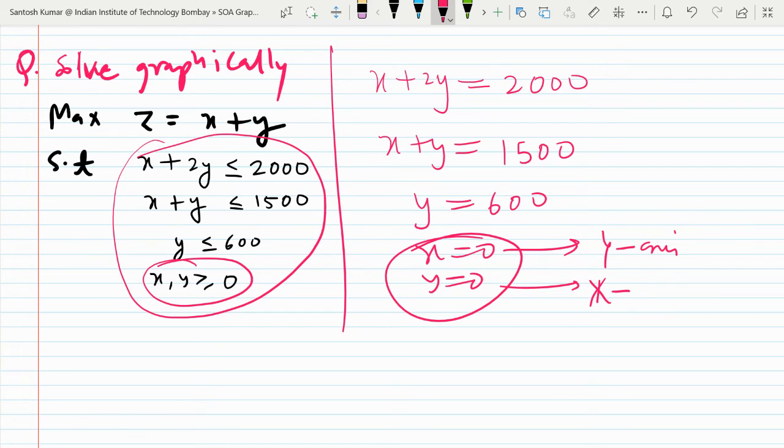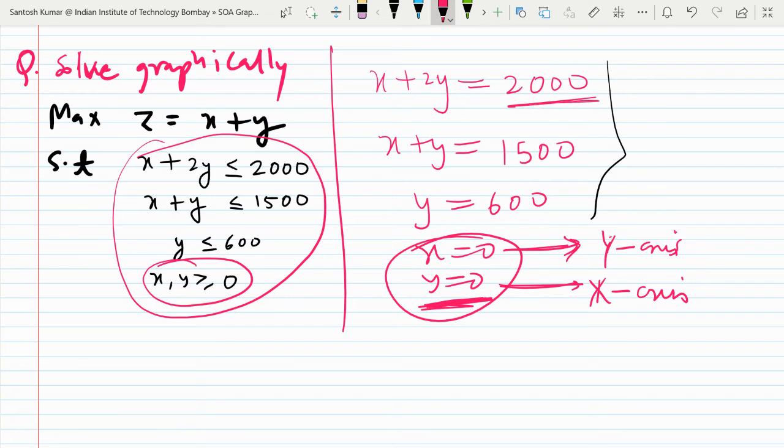Any point on the y-axis has x coordinate 0, and any point on the x-axis has y coordinate 0. That's why y is equal to 0 is the equation of the x-axis. This is trivial, so you may not write it. The main thing is these three lines.